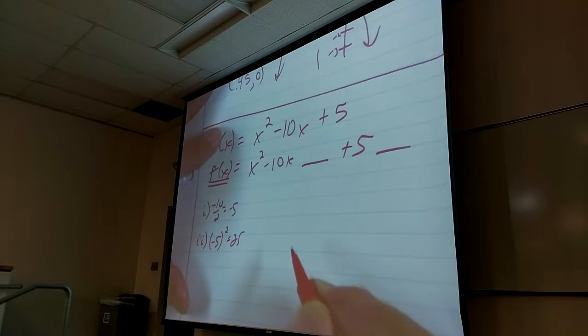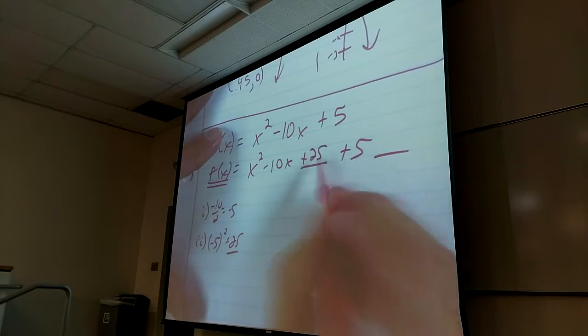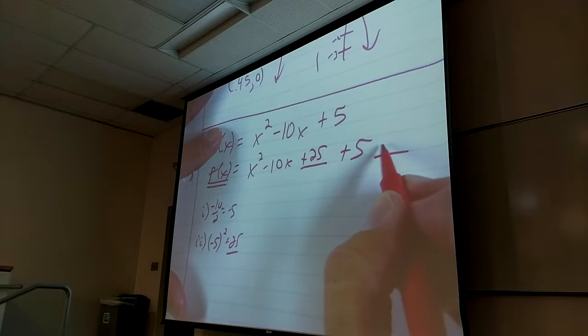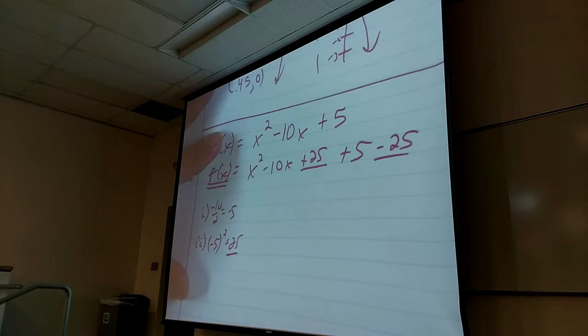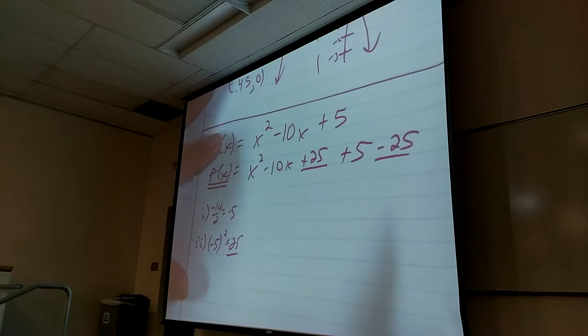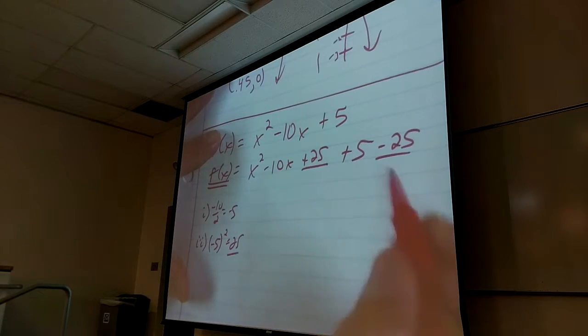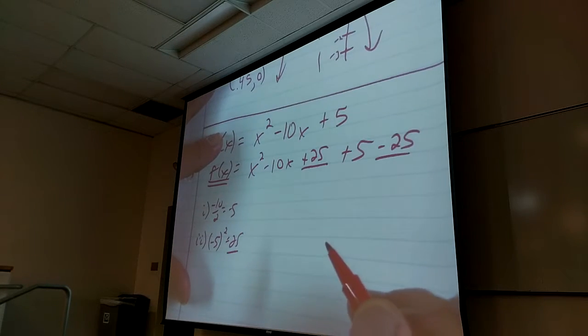Negative 5 squared is 25. So that 25 goes here, and what happens over here? You guys see how that's almost like stupid? So did I really just change anything? Nope. So I didn't do anything illegal because I didn't do anything. Right? No officer. I subtracted and added. I did nothing illegal. I'm going to move along now.